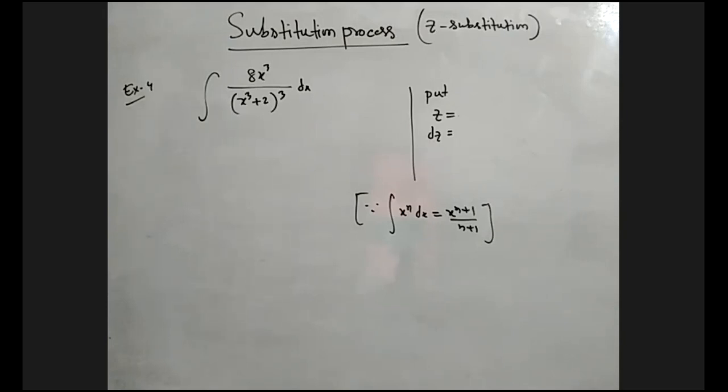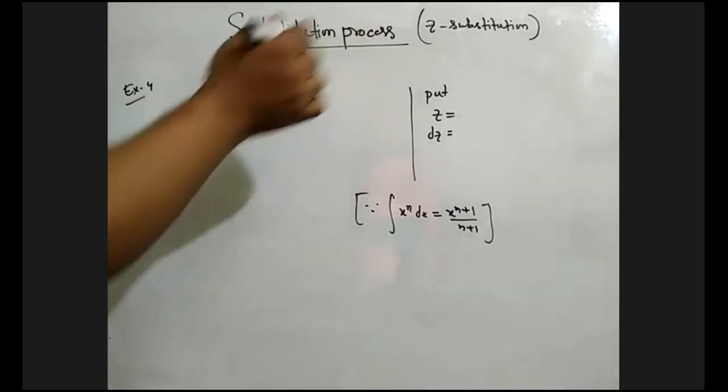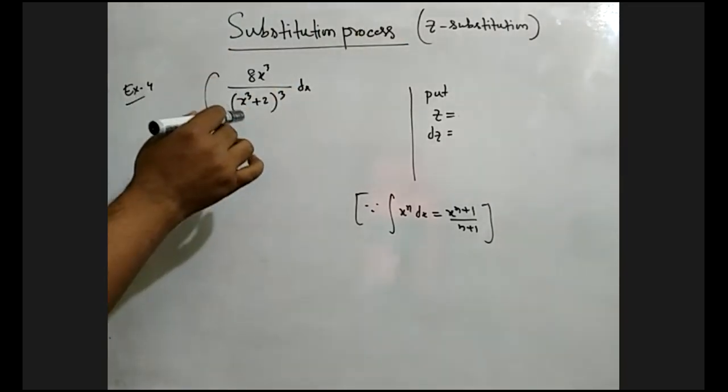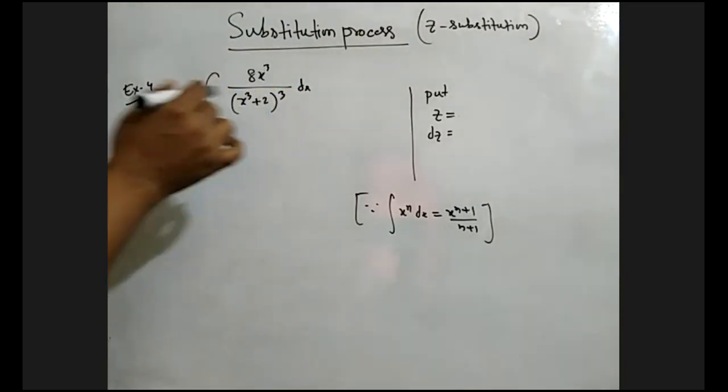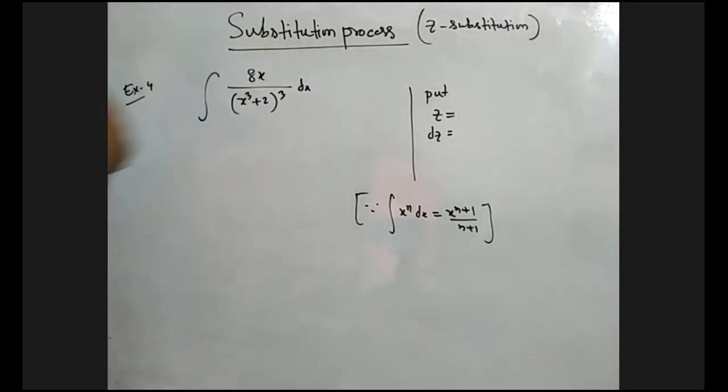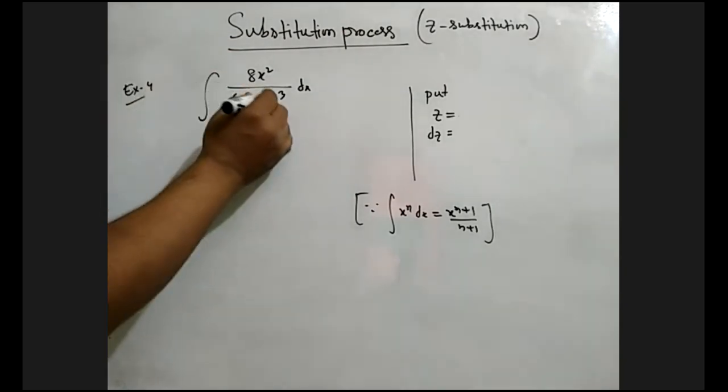Okay, now another example using the substitution process, or z substitution: how can we integrate this? 8x cube, sorry, 8x square, there was a mistake. 8x square divided by x cube plus 2 whole cube dx.